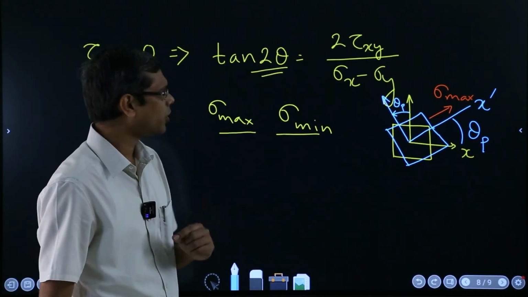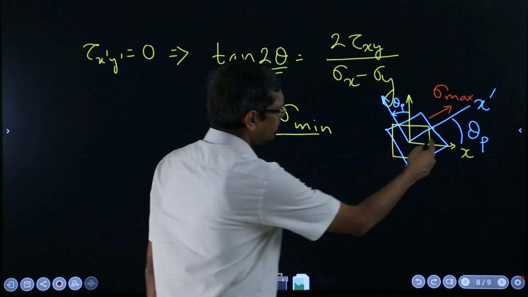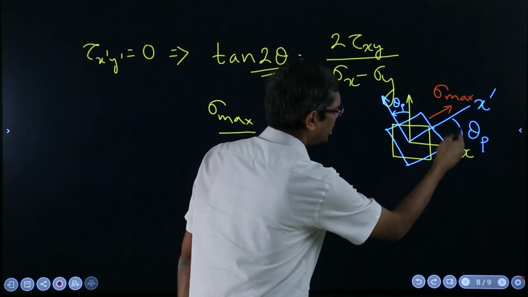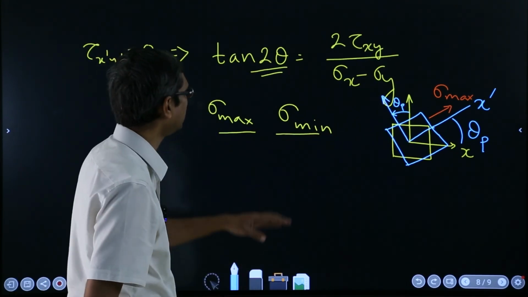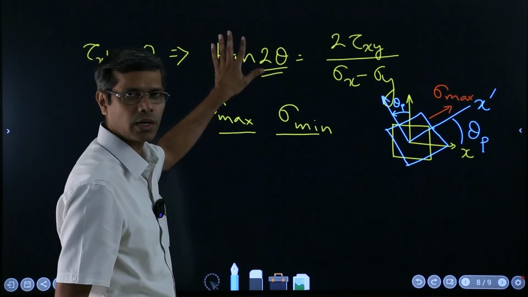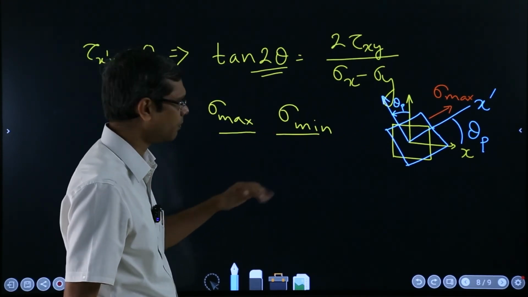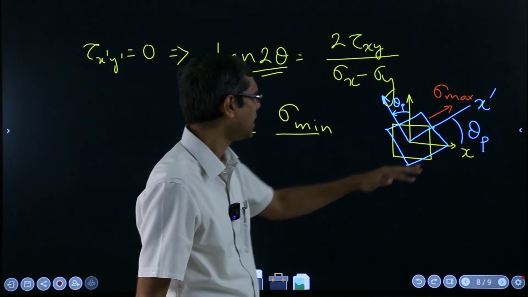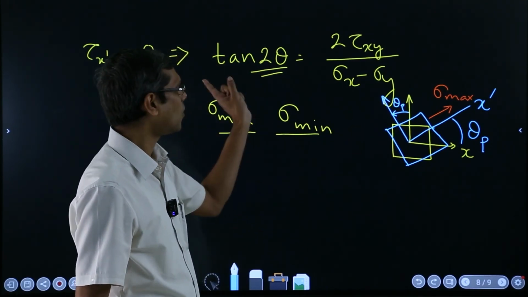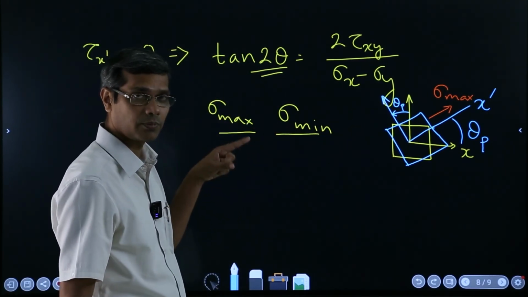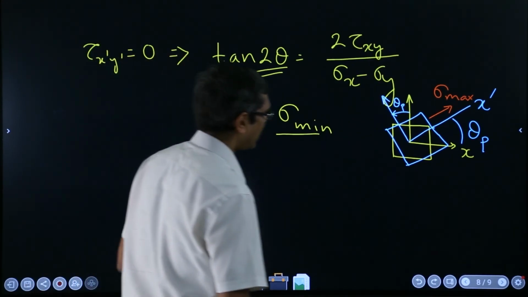But then one more point to be observed is, see, theta movement on the actual physical location corresponds to 2 theta on the circle, okay, because here we are moving theta, and at the same time we are moving 2 theta on the circle, because that is parameterized with 2 theta as a parameter.